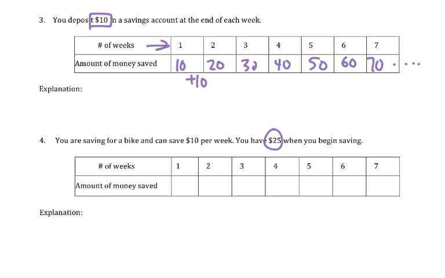You have $25 when you begin. So after that first week, you've now earned the 25 plus the 10, so that would be 35. So the second week, you would have 45, then 55, then 65, and so on with that pattern, until you had enough to buy your bike.